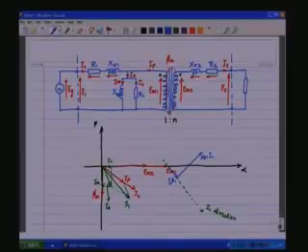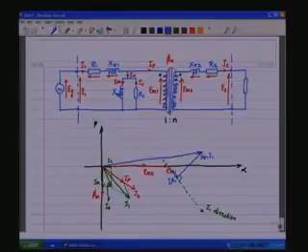This is 90 degrees. So, E m 1 plus x sigma 1 I 1 plus I 1 R 1 all put together will give you the phasor E 1 in this case, because we are talking of RMS quantities. So, this would be the E 1 phasor, this one.